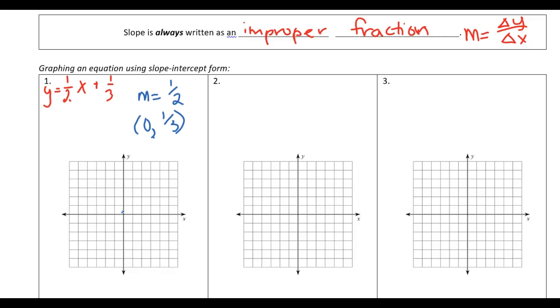And then after that point, we can graph our slope of 1/2. From that point, I'm going to go up 1 and over 2, which puts a dot right here on my graph. We can do it again, up 1 over 2, and that's not perfect here, right there, up 1 over 2.